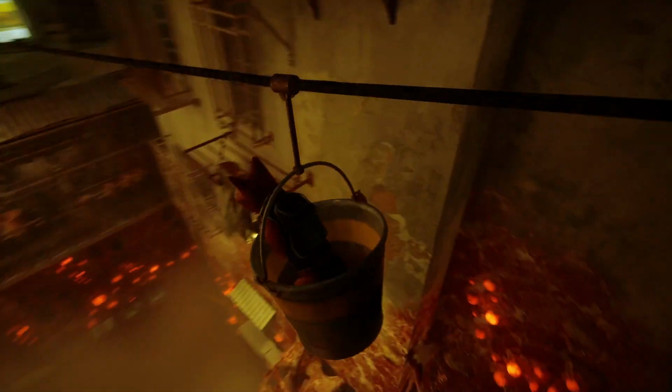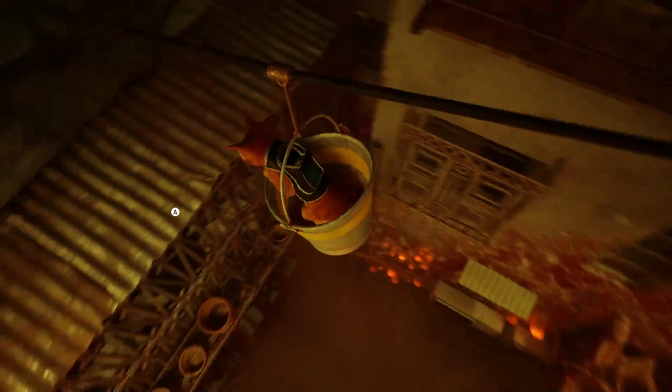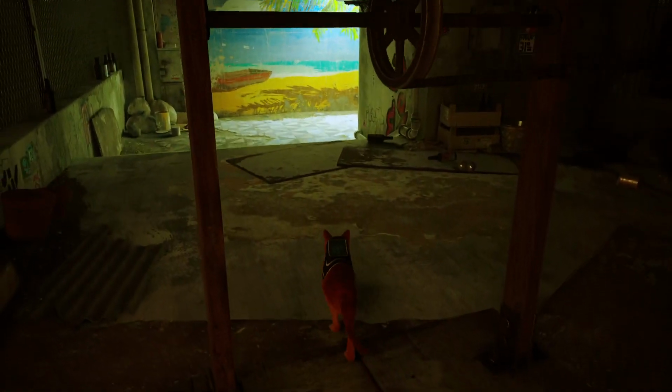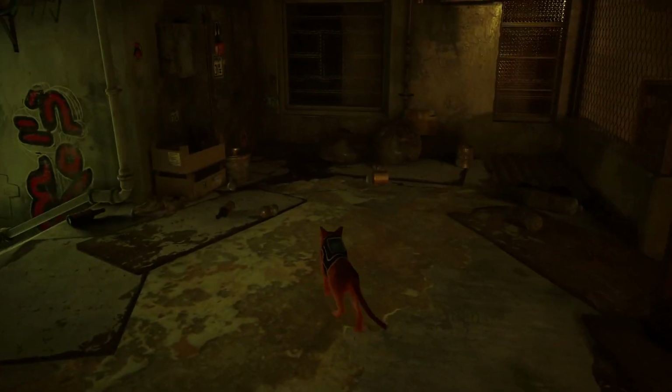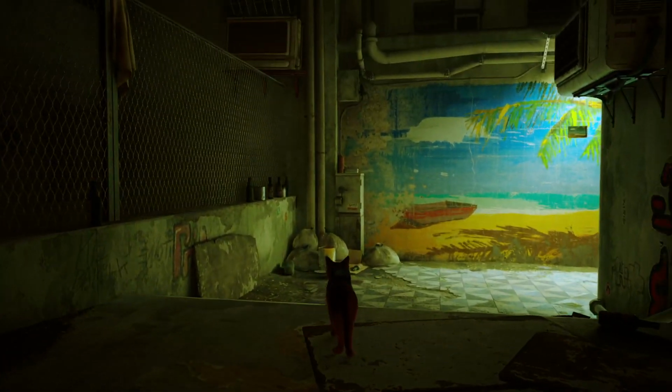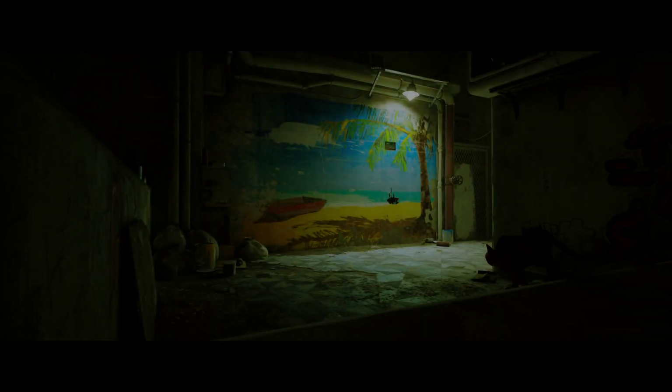Yeah, that's a scary structure there. Okay. And I spent a lot of time on the previous episode looking for this memory, and it turns out it's right there.